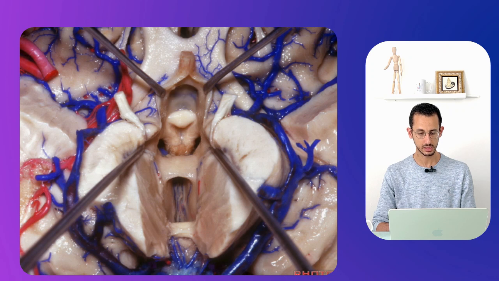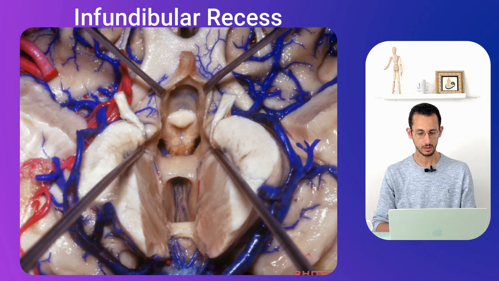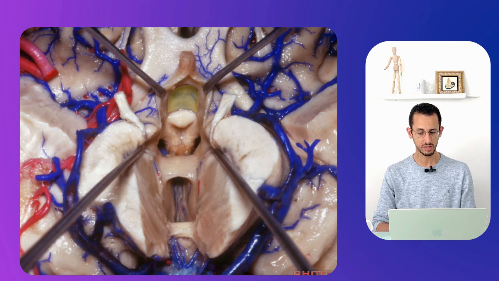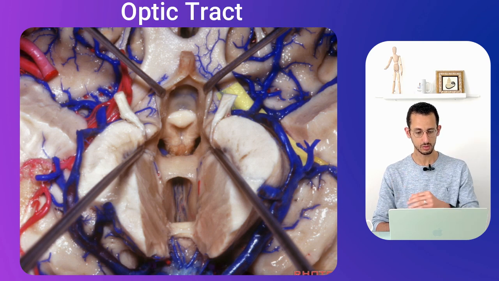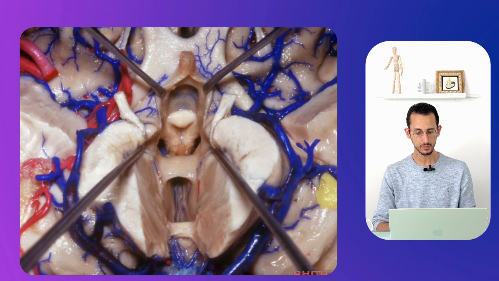So again, you can see the optic chiasm, the infundibular recess, and superiorly, we have the lamina terminalis. Then we can see the optic tract, which courses superior to the uncus and the basal vein of Rosenthal before it ends in the lateral geniculate nucleus.